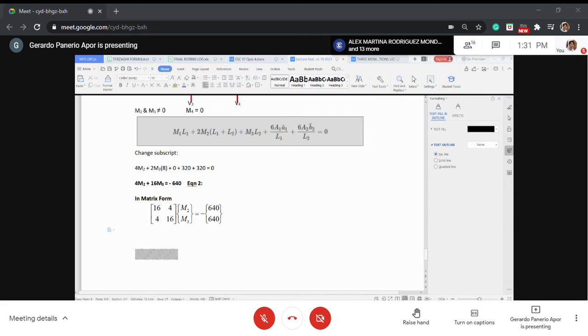Then there is a 1 over 16 squared minus 4 squared. So it's going to be like that.